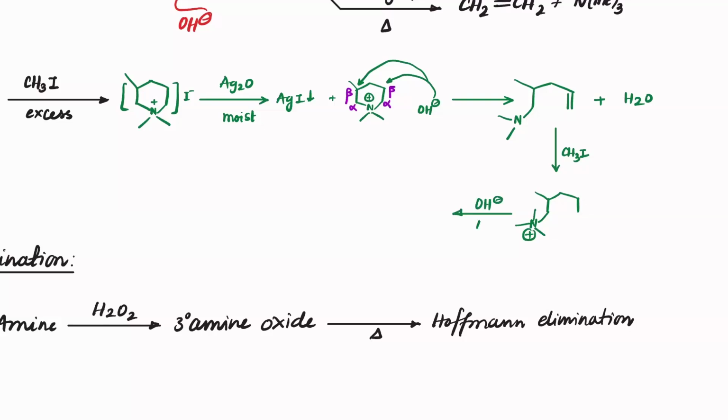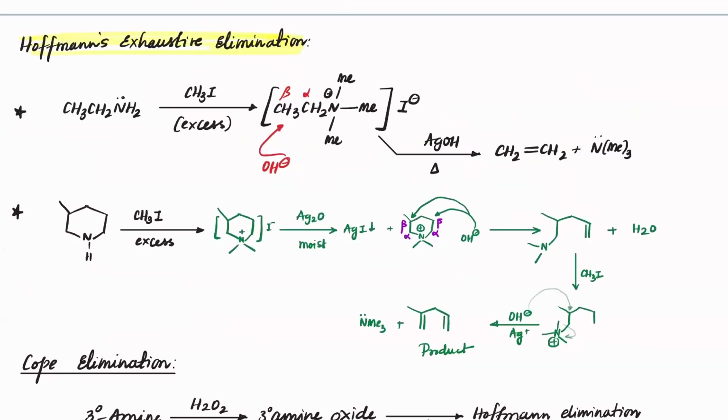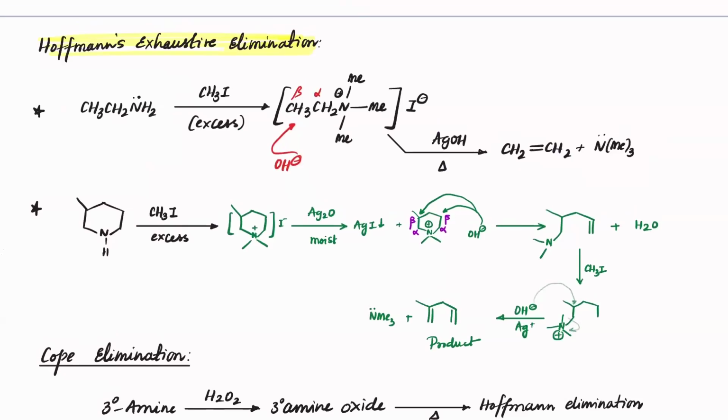So with OH minus and Ag plus here, this time OH minus will take H plus from here and break the bond of nitrogen here. So that converts into a product like this, double bond and double bond here. This is the product formed. And of course, NMe3. This is a product. Clear? This is Hoffman's exhaustive elimination.